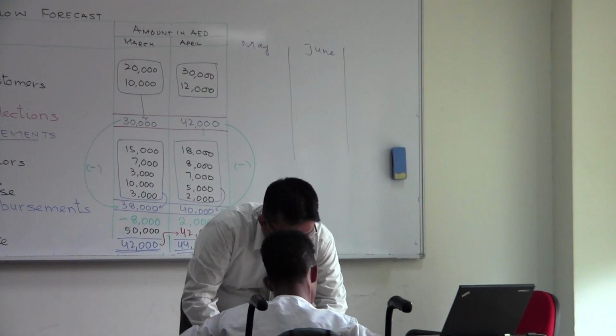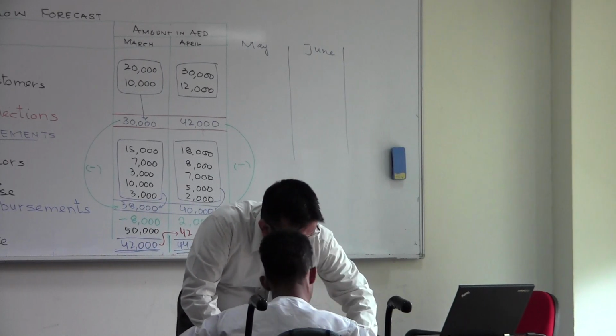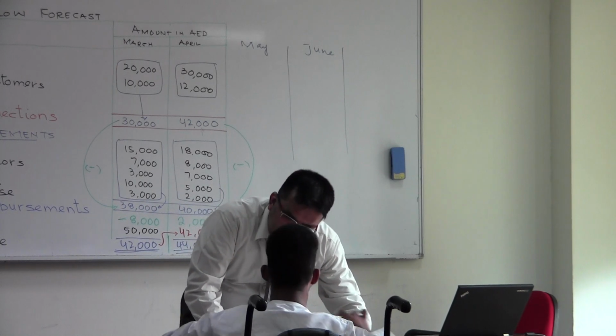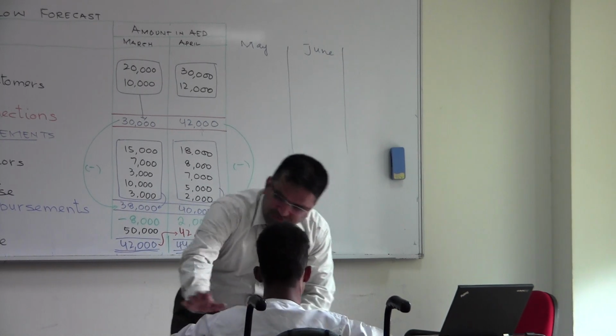What is inflows? Put here. This is for May to June. Okay? So you do it.